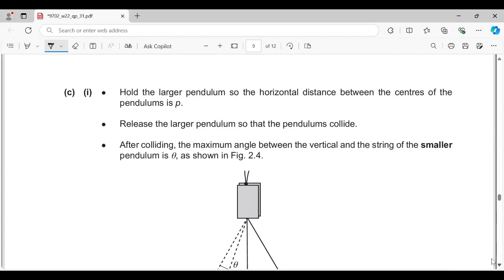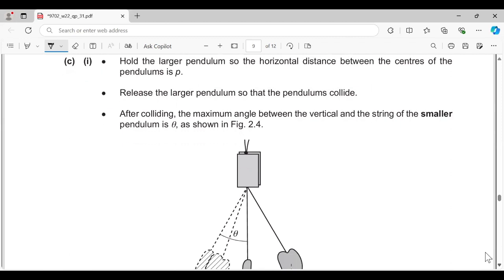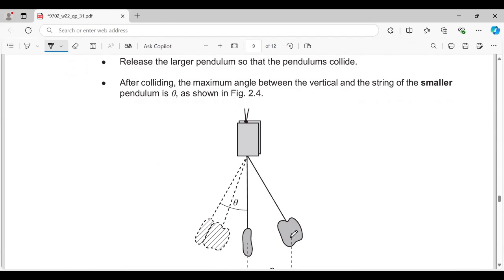Hold the larger pendulum so the horizontal distance between the centers of the pendulums is P. Release the larger pendulum so that the pendulums collide. So the larger pendulum and the smaller pendulum will collide. After colliding, the maximum angle between the vertical and the string of the smaller pendulum is theta.